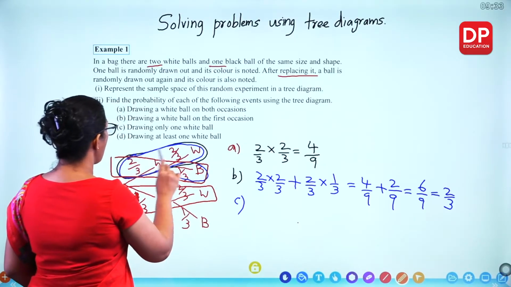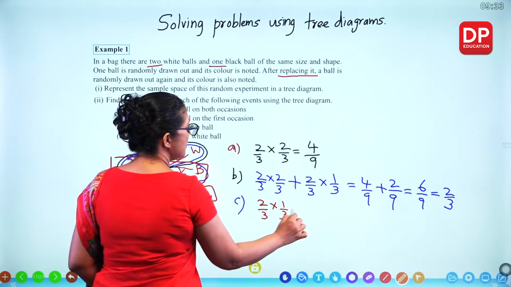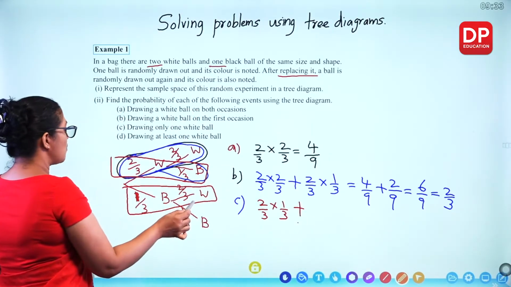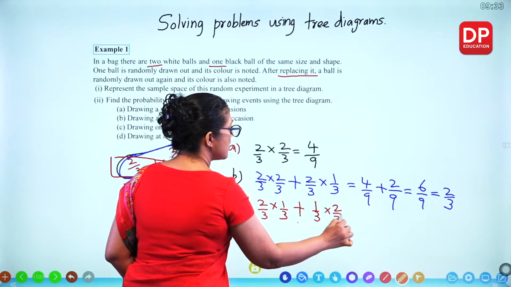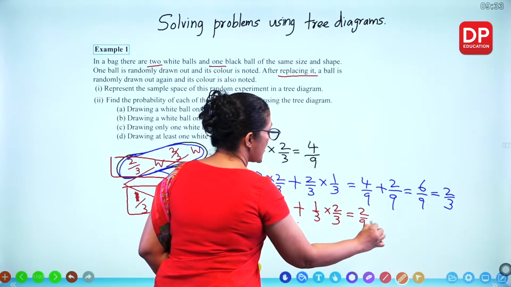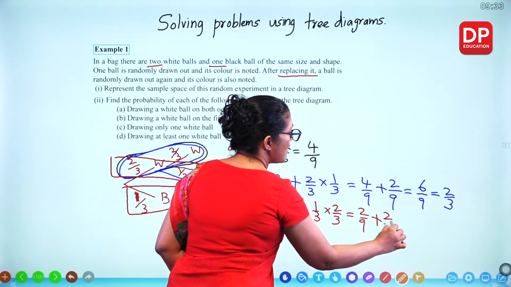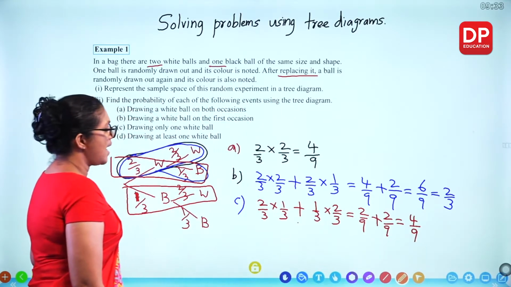So what's the first one? 2/3 into 1/3, or black with white, 1/3 into 2/3. Now find the answer. 2 over 9 plus 2 over 9. You get 4 over 9.